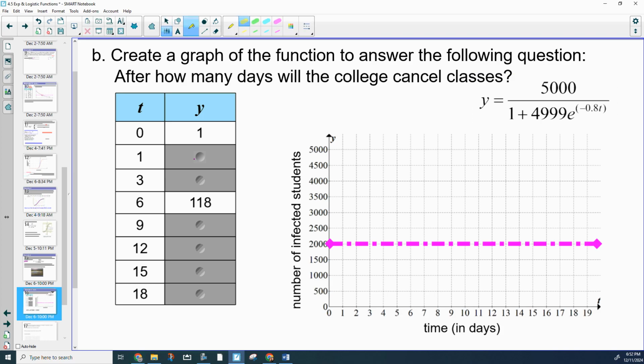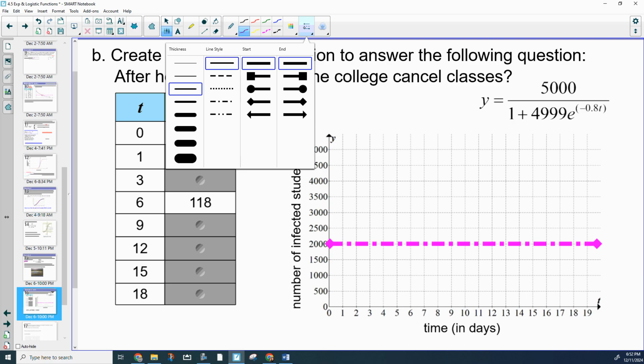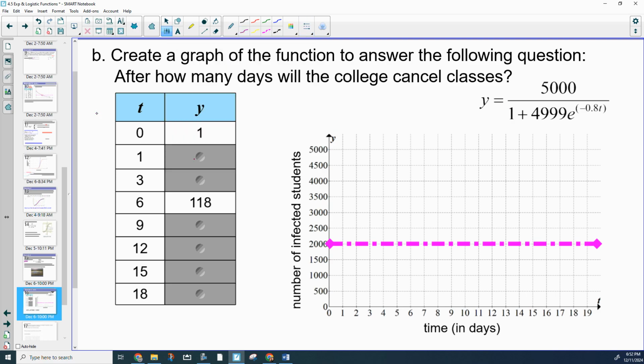So after 1 day, again, we're going to put 1 in for the t. We plug that in. We're going to get 2 people. Again, you don't have to retype this every time. You get it in right the first time, and then just change the t. Just arrow into the same equation, and you should be able to get those values.